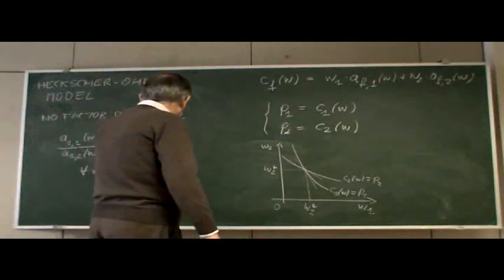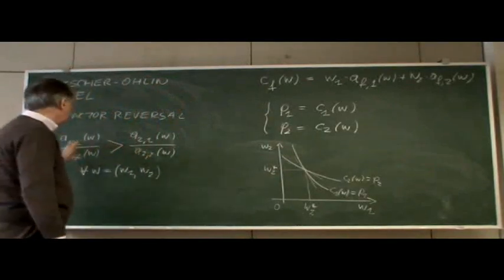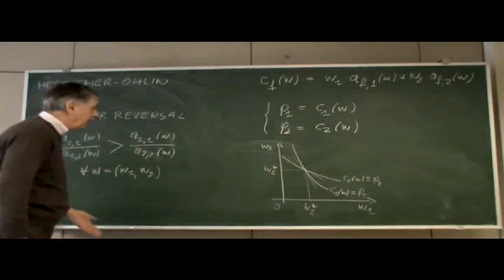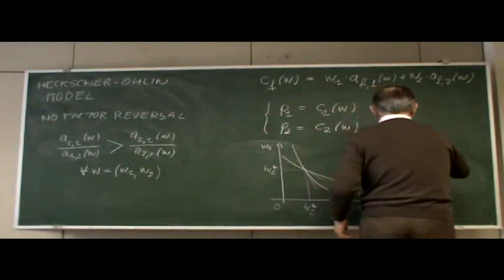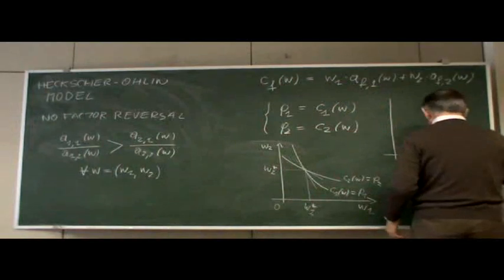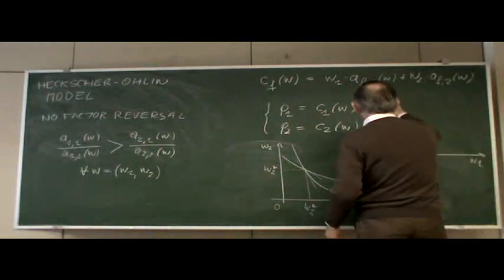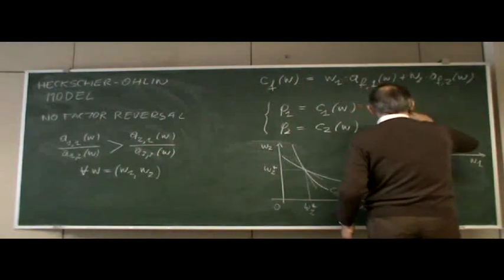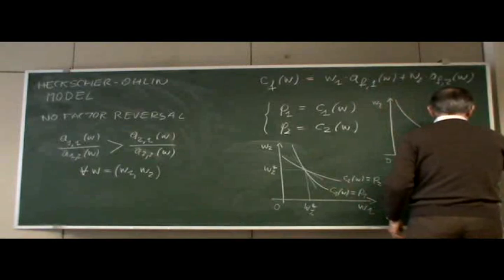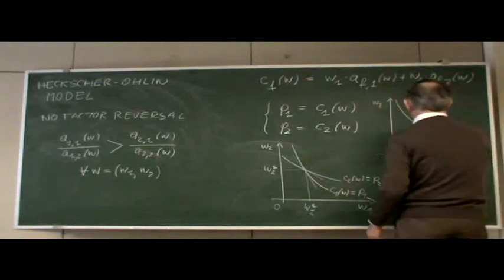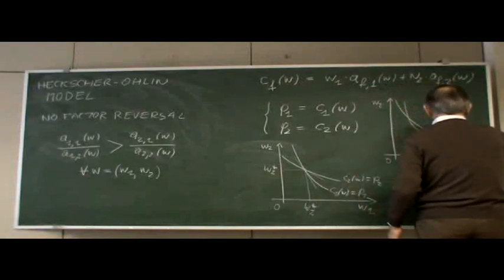If this property were not satisfied, generally speaking, you could have many intersections between these two curves. For example, that of good 1 would be this, that of good 2 would be this.